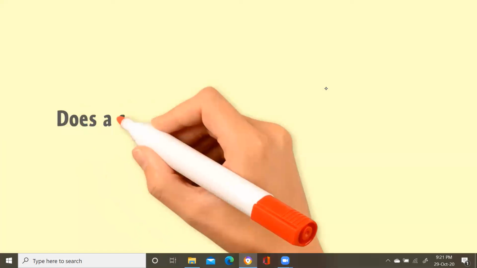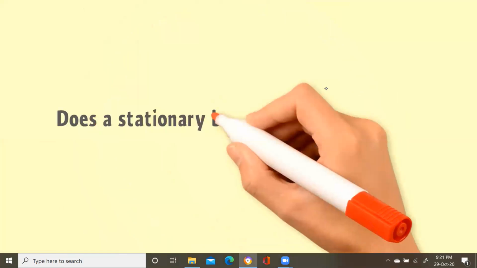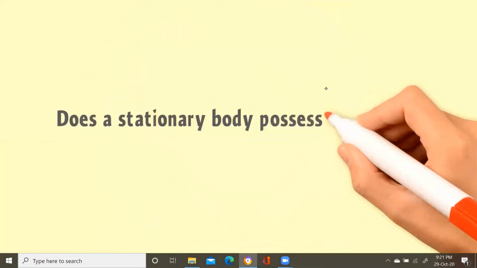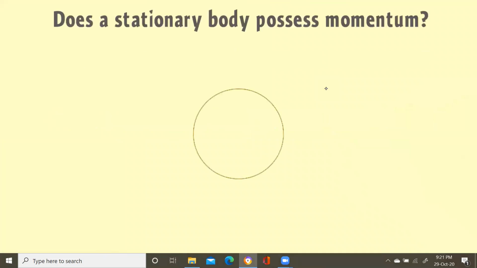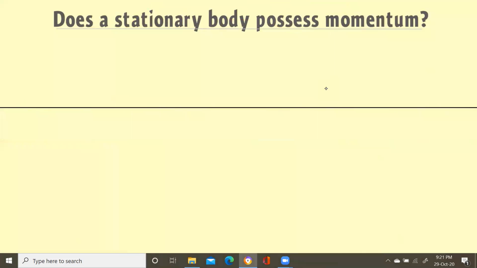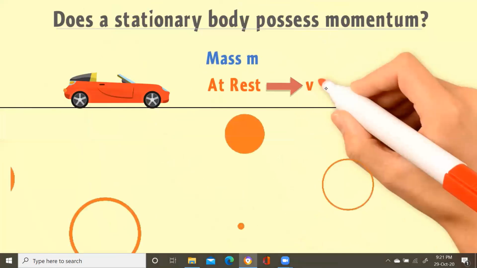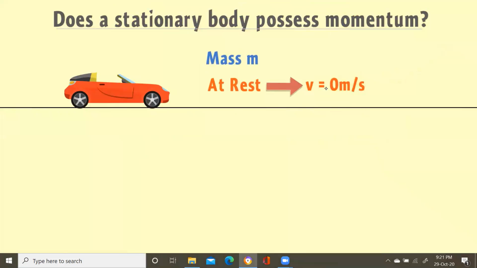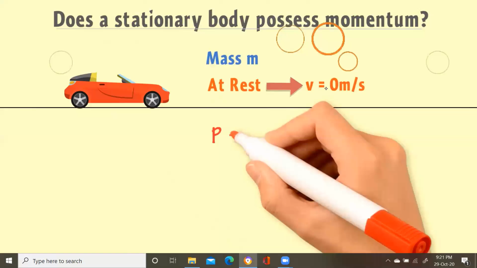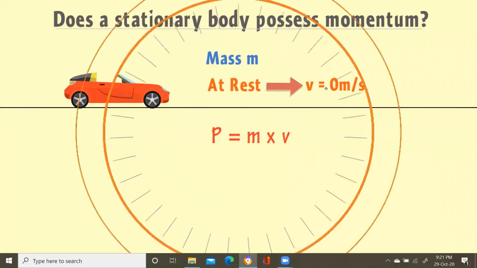At last, let me teach you, does a stationary body possess momentum? To answer this question, let me give you another example. If a car of mass m is stationary or at rest, its velocity v is equal to 0 meter per second. Hence, its momentum P is equal to m times v.